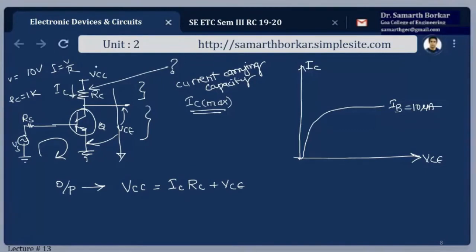Voltages are normally fixed; we can't change them. So voltage is fixed at 10 volts, and the resistance is now say 5K. How much will be the current? 10 volts divided by 5K, 2 milliamperes. So from 10 milliamperes, we have dropped the current to 2 milliamperes. Fine. So the current limiting function is done by this resistor.